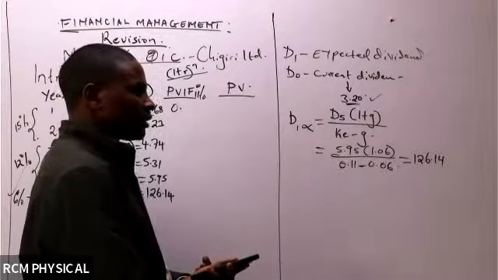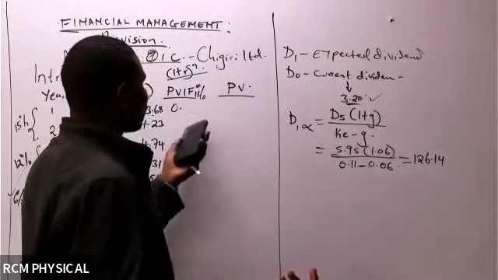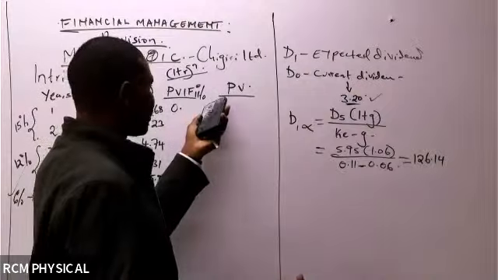I'm waiting for you to give me 1 plus R, where R is 11%.